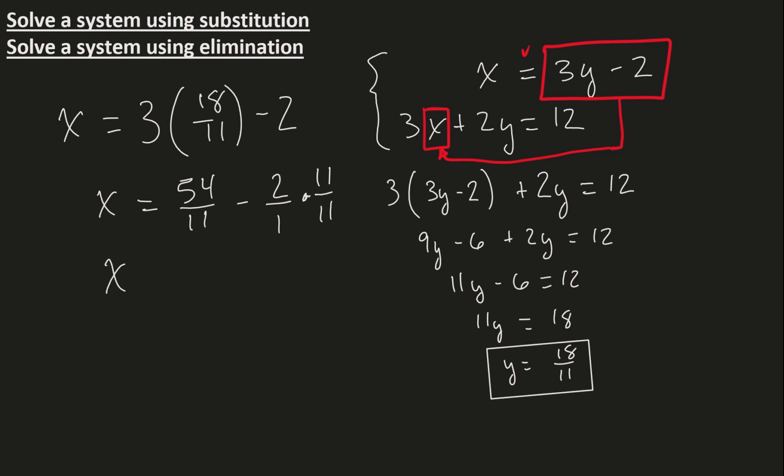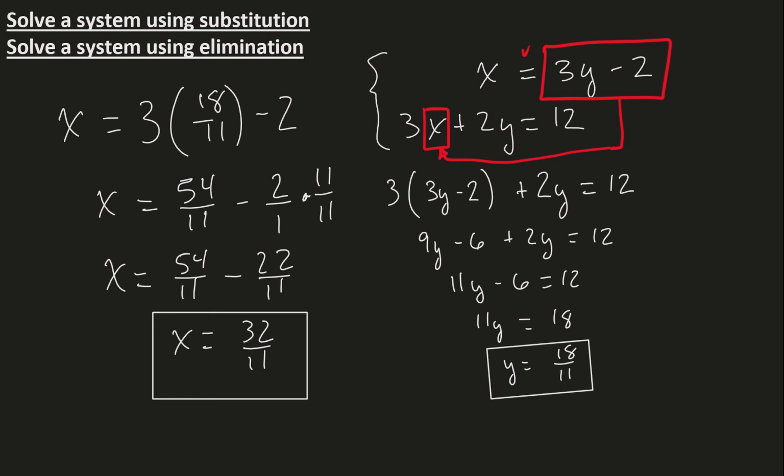So this becomes x is 54/11ths minus 22/11ths. And if I take the 54 and subtract from it 22, I get 32. So x should be equal to 32/11ths.